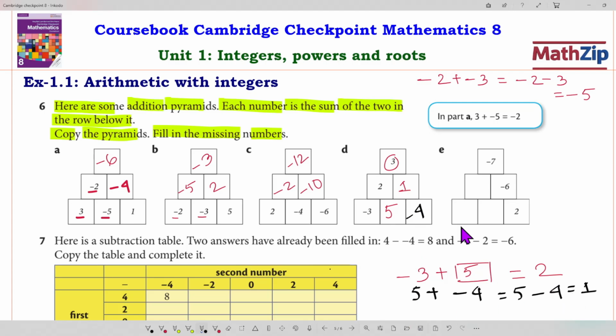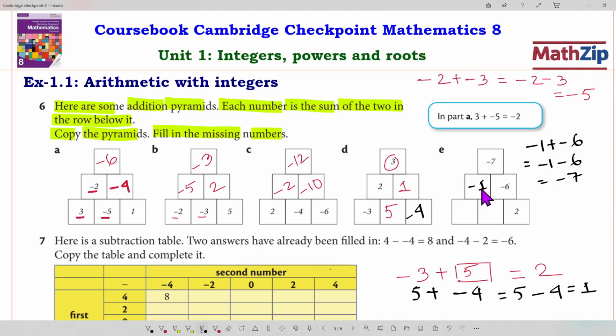Right? It's very simple. Now next, here is blank and here is minus 6. So what will be the result? Here should be minus 1. So minus 1 plus minus 6, so minus 1 plus and minus minus 6 and minus 7.